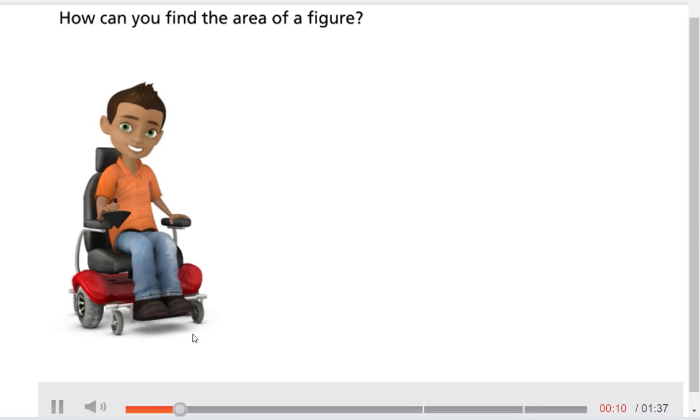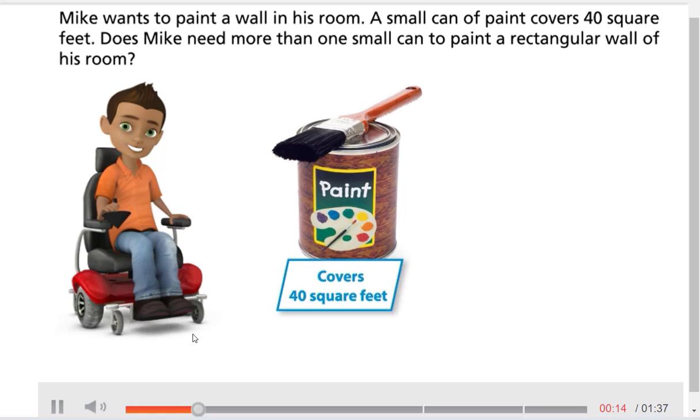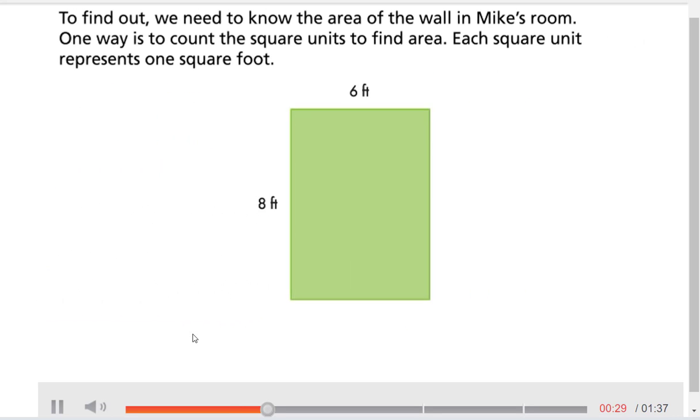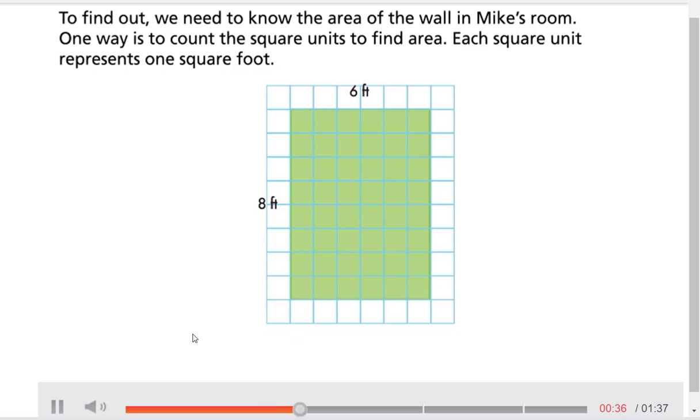How can you find the area of a figure? Mike wants to paint a wall in his room. A small can of paint covers 40 square feet. Does Mike need more than one small can to paint a rectangular wall of his room? To find out, we need to know the area of the wall in Mike's room. One way is to count the square units to find area.